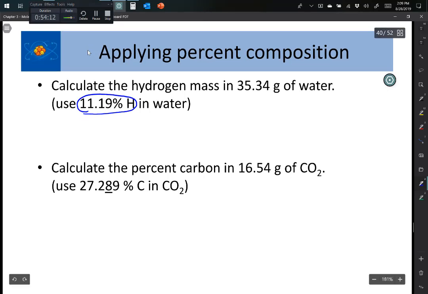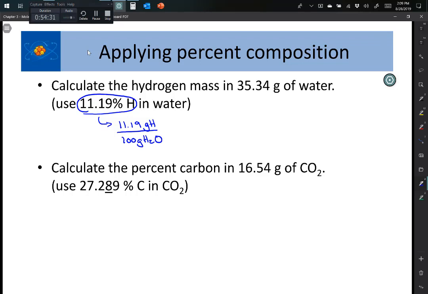What this actually means is there's 11.19 grams of hydrogen for every 100 grams of water. That's what the percent means. It's per 100.